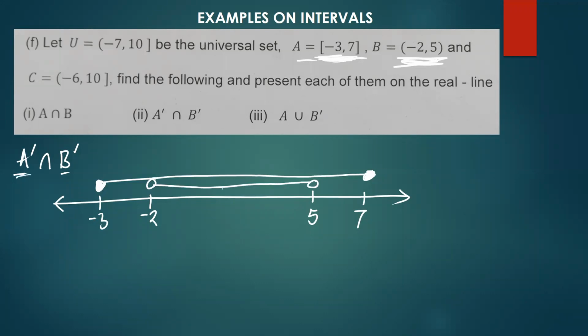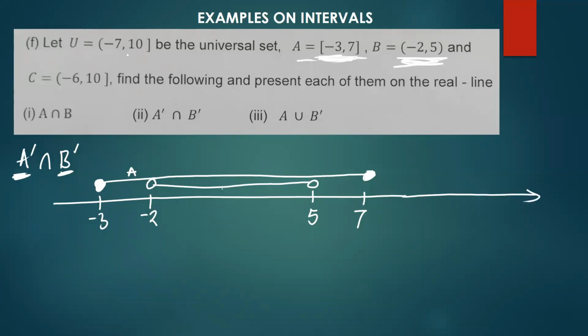But we're trying to look for A complement and B complement. So what we have found right now is A and B. This is what we have drawn. So now, which one is A complement? If this one is A, our A complement will be any number that is outside this number line. So let me extend this up to the universal set.